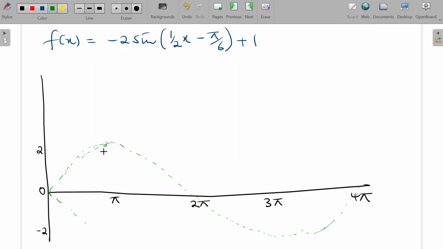This point is positive, it will become negative. So this point will come down here, it will be inverted. Then it will go like that, to come there, going like that.